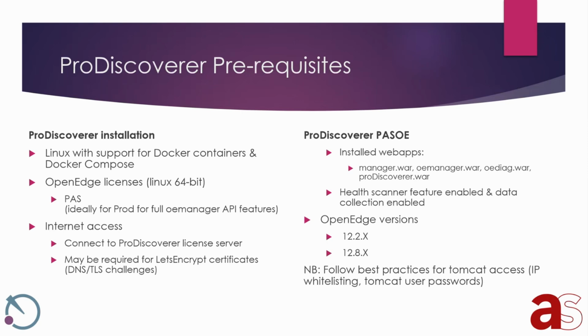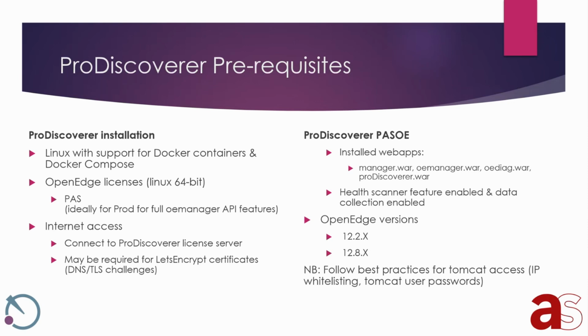The ProDiscoverer stack, as it is at the moment, needs to have an outgoing internet connection. It doesn't necessarily have to be accessible from the internet, but it does need to be able to go out and query the ProDiscoverer license server. And if we're using Let's Encrypt certificates, then it also needs to be able to go out and get those. There are various ways we can set that up, but that's a more technical thing.